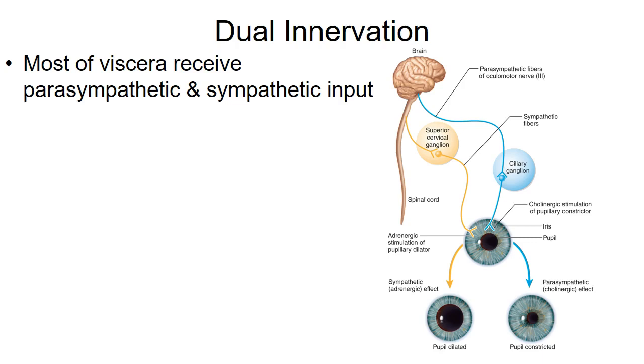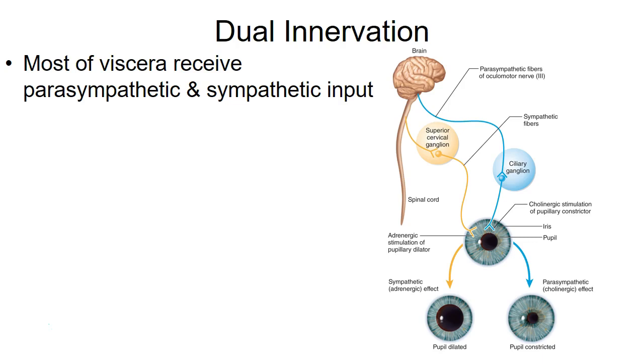Get larger, so you can find an exit route, if it's twilight, for instance. Parasympathetic, though, resting and digesting, pupils get constricted, right?